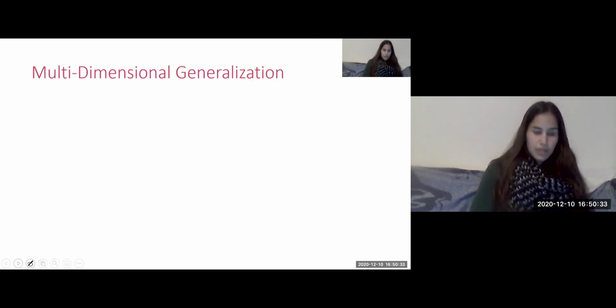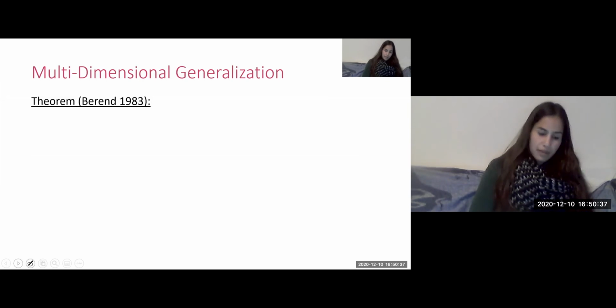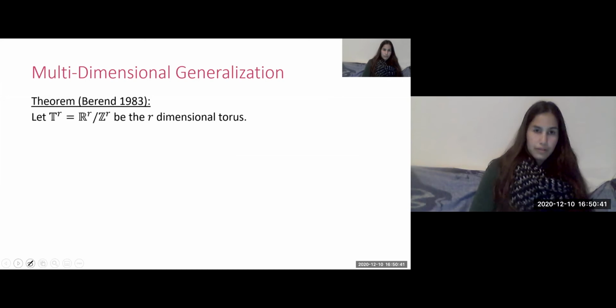So for the multidimensional generalization, this is a theorem by Daniel Berend from 1983. So we first have this torus. And now earlier we talked about multiplying numbers on the unit circle, on the unit torus basically, by numbers here. But then the question is, I don't know how to multiply a vector by a number.